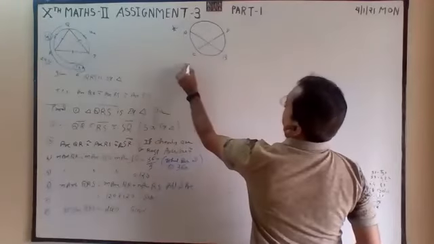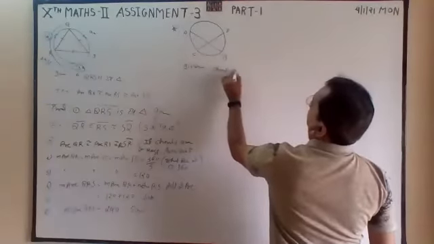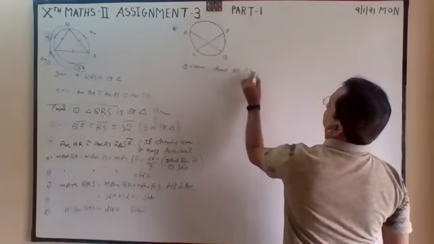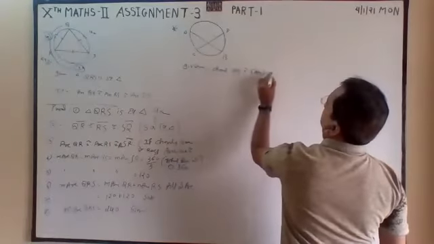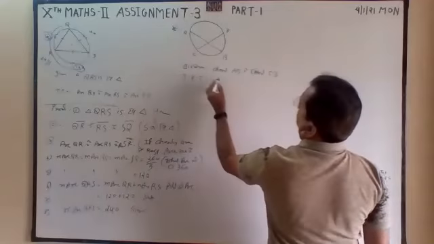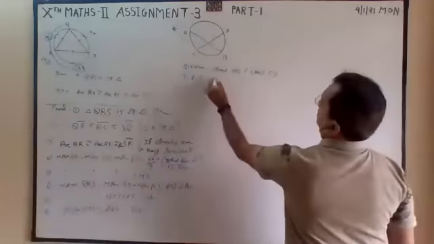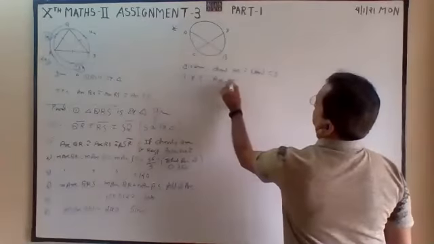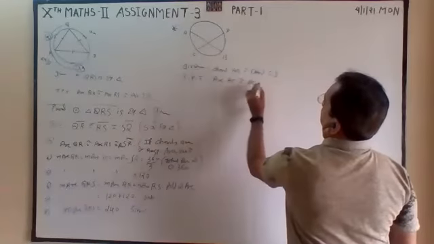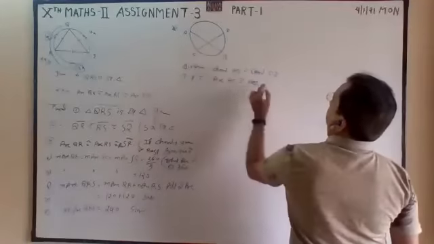Given chord AB congruent to chord CD. To prove that arc AC congruent to arc DB.